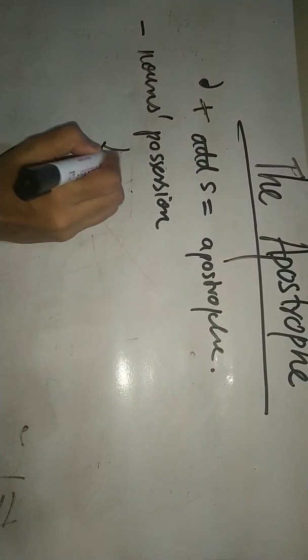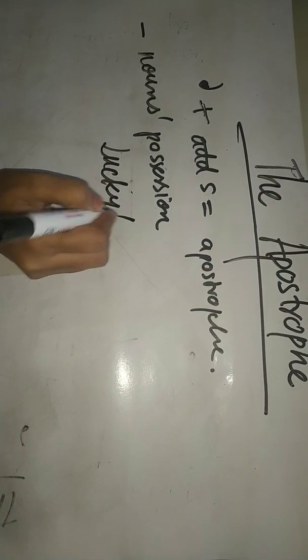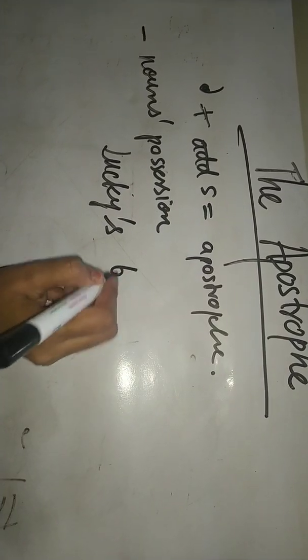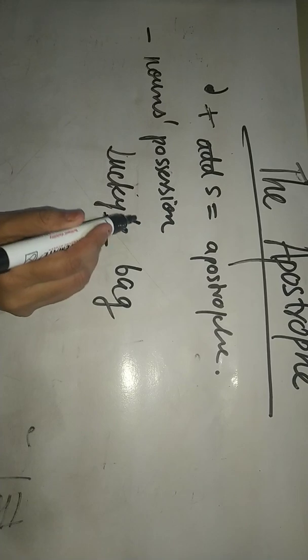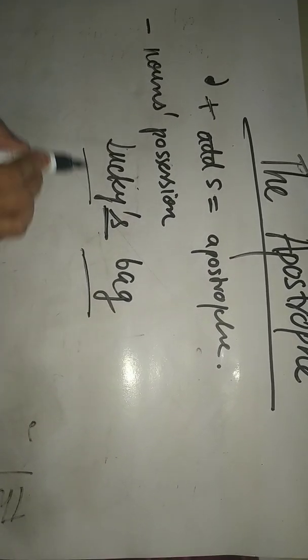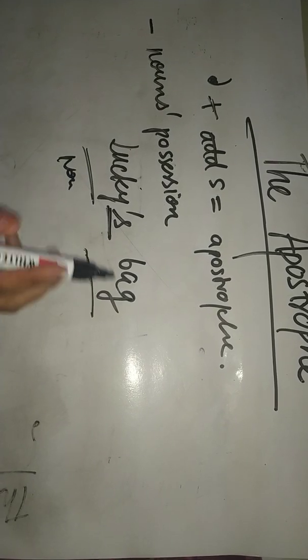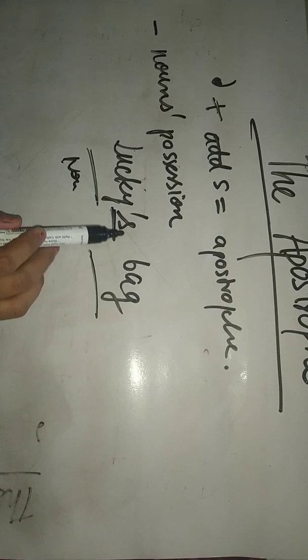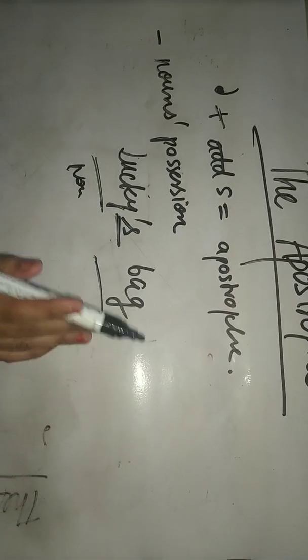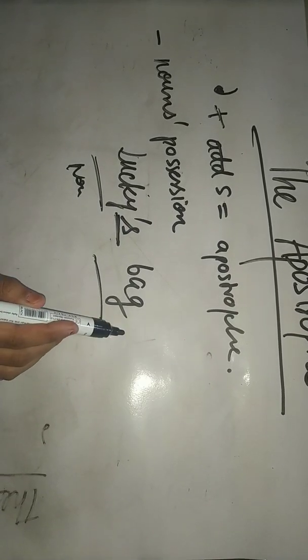For example, if I say Lucky's bag, see here apostrophe is added along with s, so it shows noun's possession, meaning the bag belongs to Lucky. Lucky is a noun, so apostrophe shows that the thing belongs to the noun.